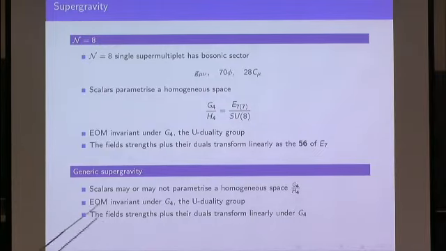Now, it turns out that such supergravities have a global symmetry, which in this case is the non-compact version of the exceptional group E7. And the 70 scalars belong in a coset E7 over SU8. So the equations of motion have this global symmetry, which is sometimes called U-duality.